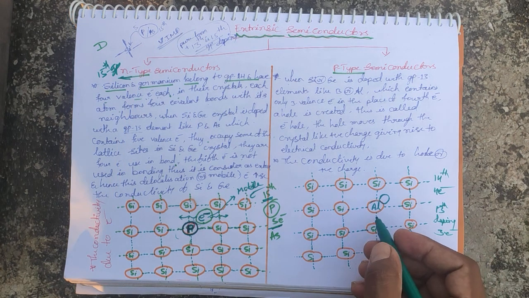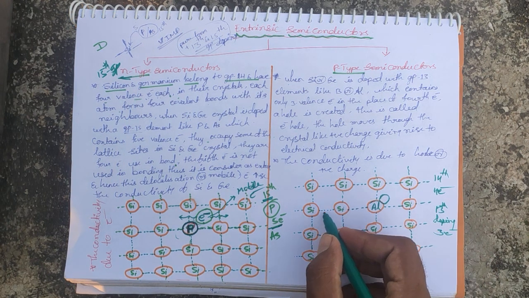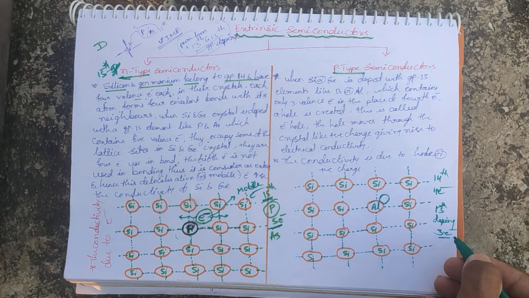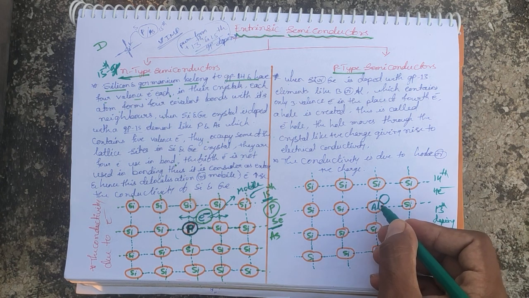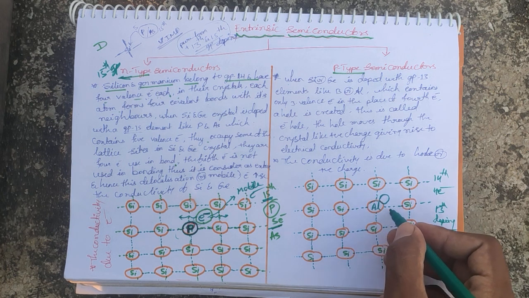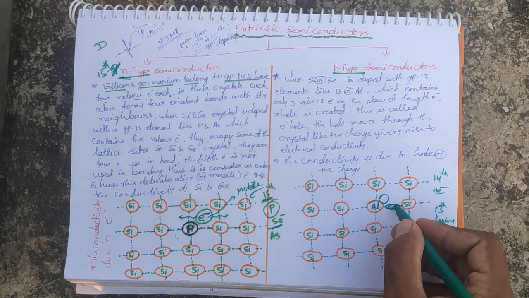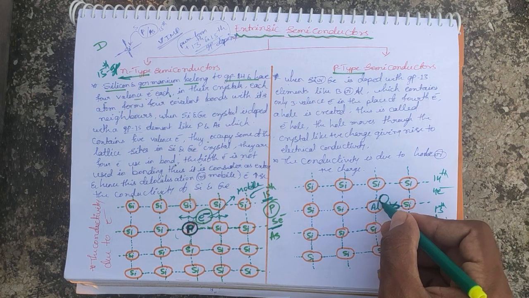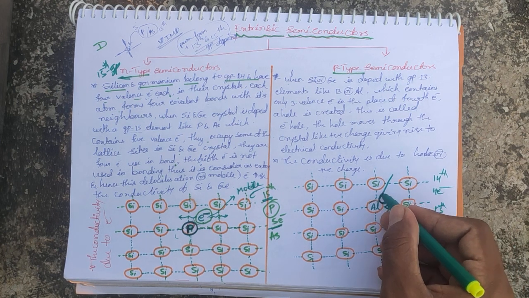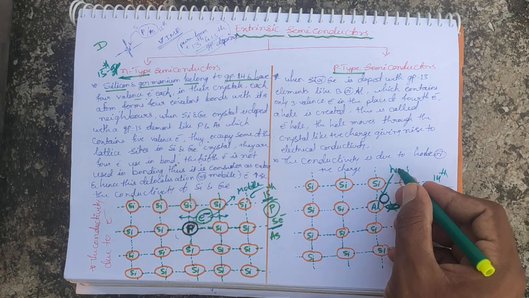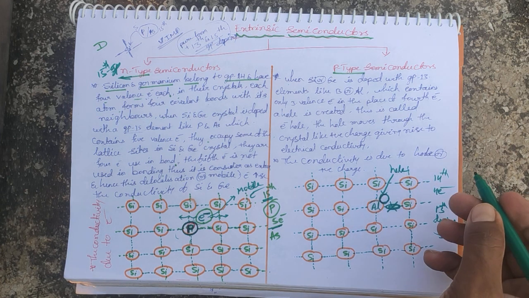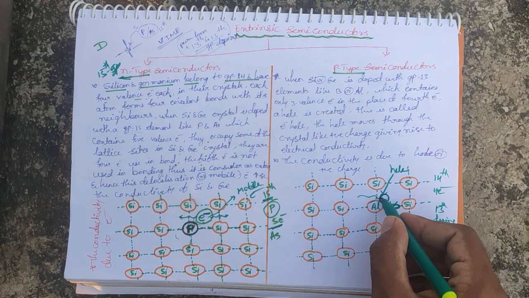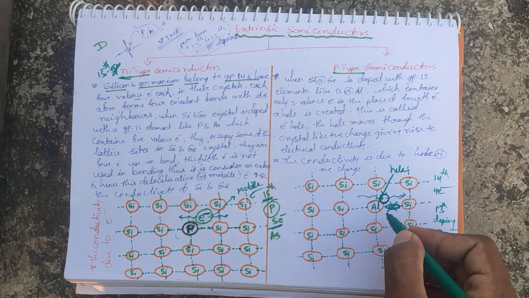You see this one silicon atom has 4 outermost electrons, while aluminum has only 3 outermost electrons. Therefore, this aluminum forms 3 bonds, but the fourth bond is not formed. Instead of this bond, it forms one hole. Due to this hole, the electrons are moving, and the holes move from one place to another place.